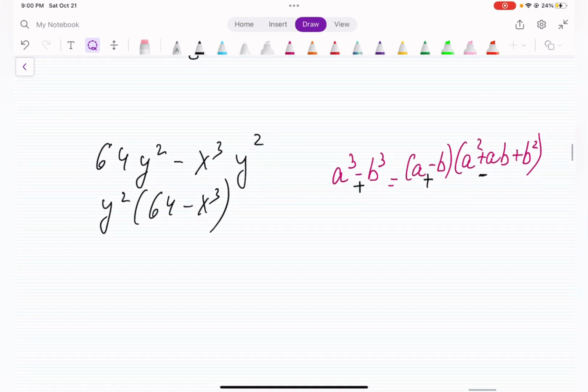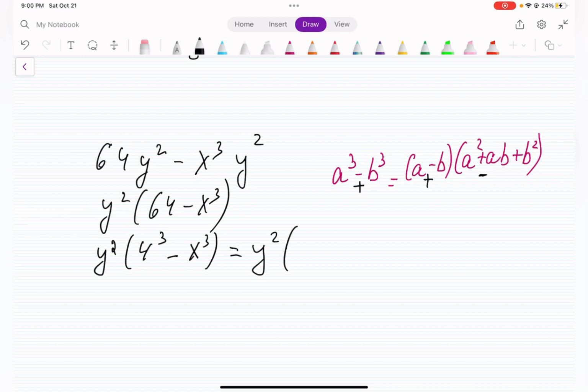So let's work out. Y squared is gonna stay forever. 64 is gonna be 4 cubed and minus x to power 3. So here we are going to have y squared.